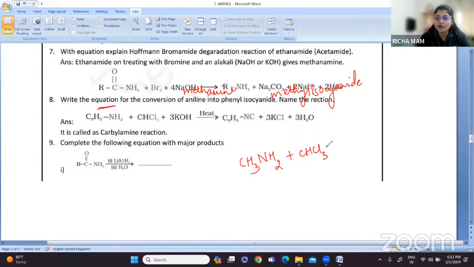React it with chloroform and alkali and heat the solution. Then CH3NC forms, methyl isocyanide, plus 3KCl plus 3H2O.